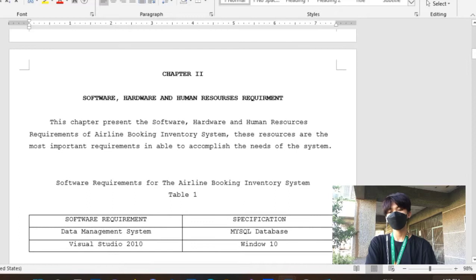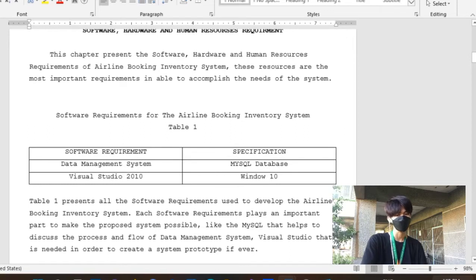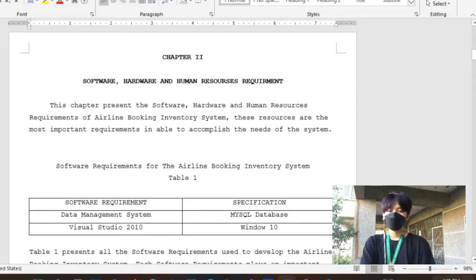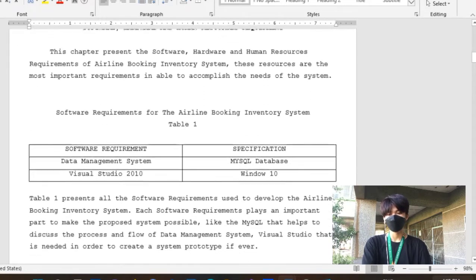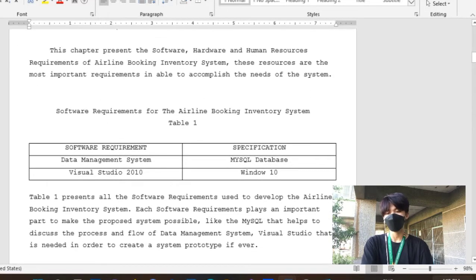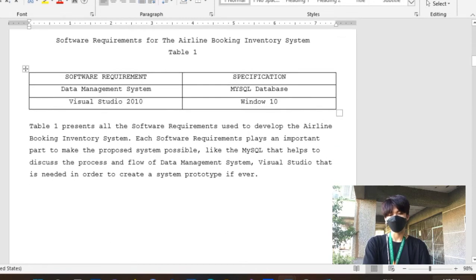So in order to achieve this proposed system, the researchers include the software, hardware, and human resources requirements. In table 1, it discusses the software requirements of the airline booking inventory system.